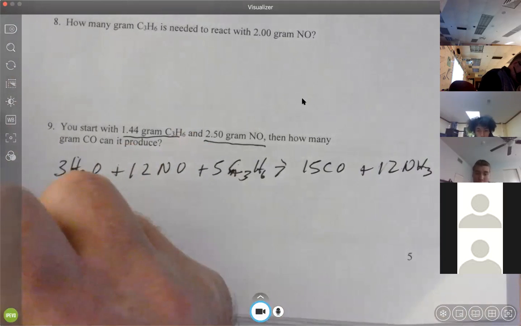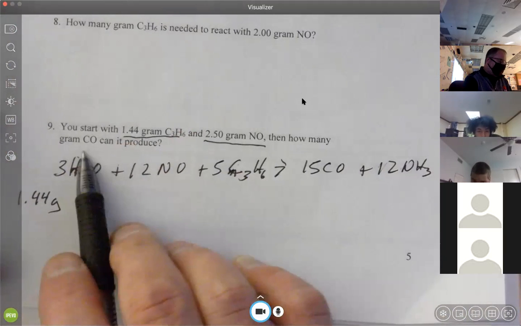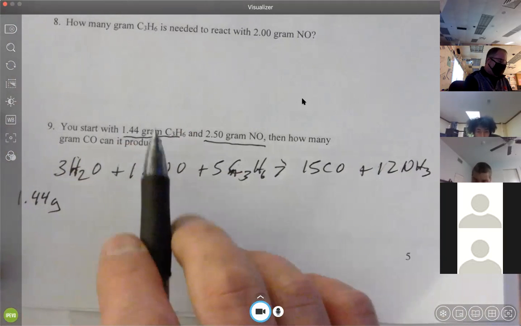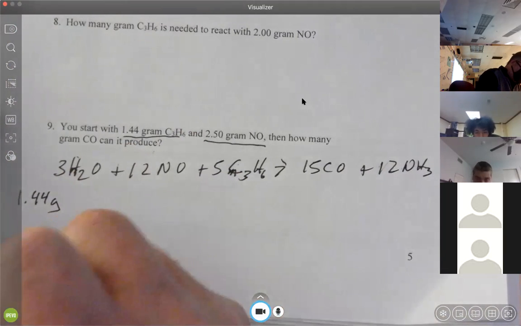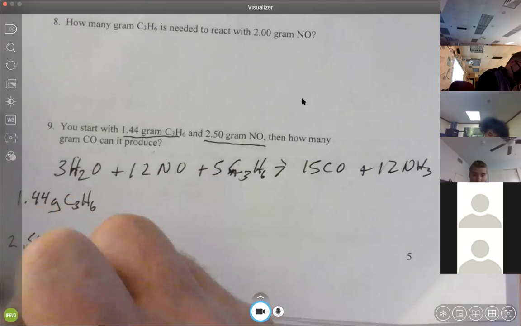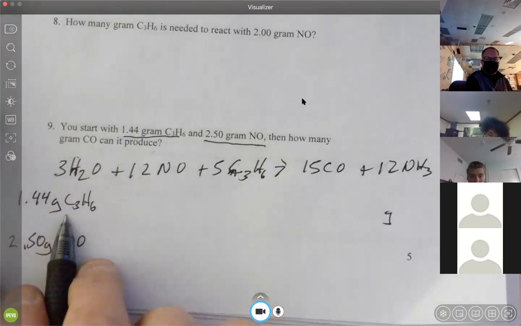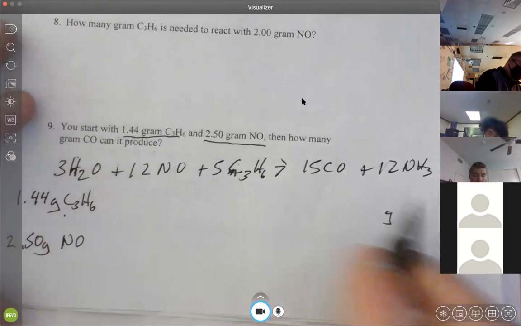So we want to first figure out, it says how many grams of carbon monoxide can be produced with these two amounts. So we start off with both amounts. And we're going to see how much this amount of propane can make.